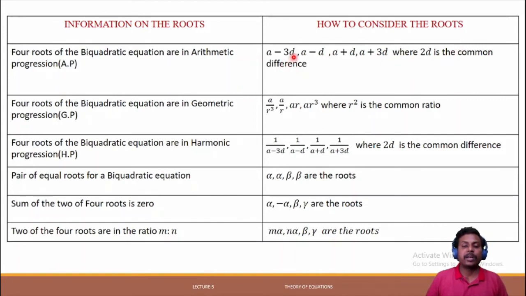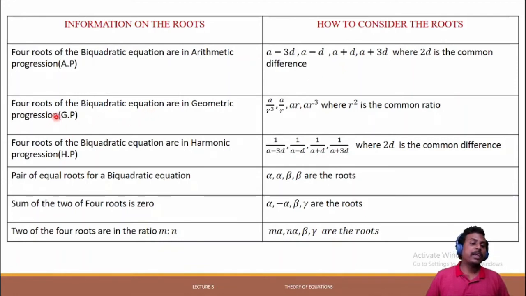If I take up the sum, a minus 3d plus a plus 3d, that is 2a, a minus d plus a plus d, that becomes 4a. 4a is equal to what? The summation. So 4a is equal to S1, a is equal to S1 by 4. So you'll get a value.